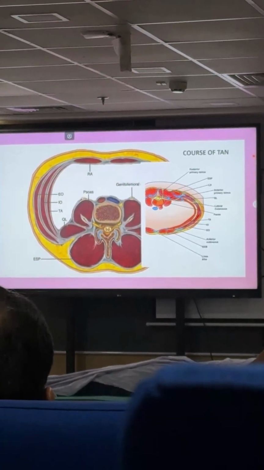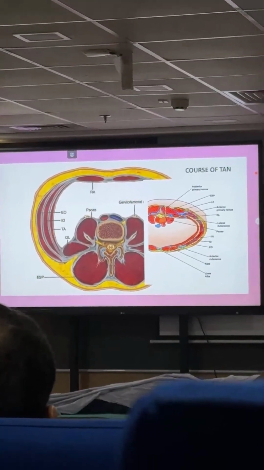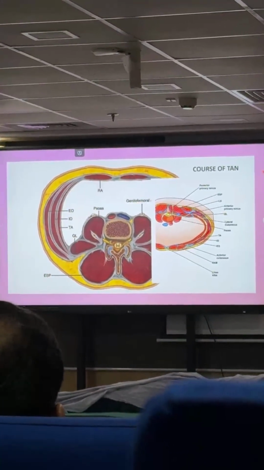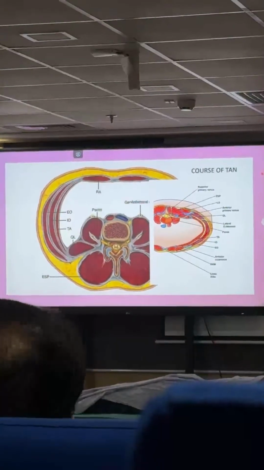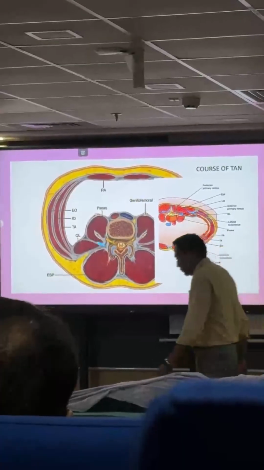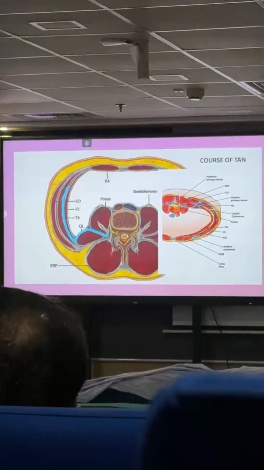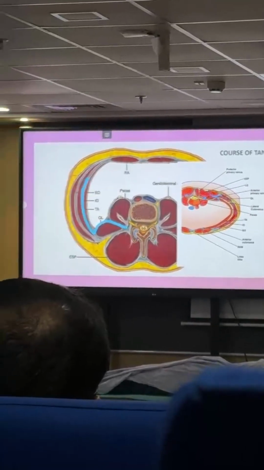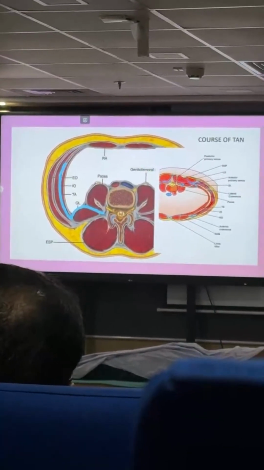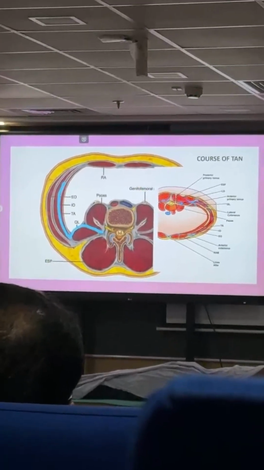So first we have to understand the course and the nerve that supplies the anterior abdominal wall. After exiting from the intervertebral foramina, the ventral rami of the thoracoabdominal nerve initially travels between the psoas and the quadratus lumborum muscle, and then it enters into the TAP plane, that is between the internal oblique and the transverse abdominis.